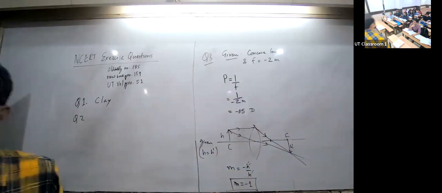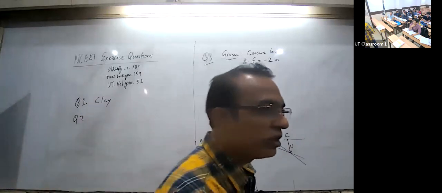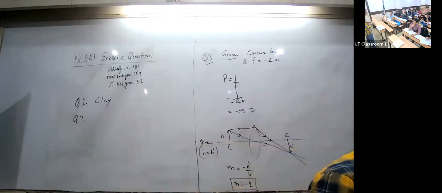So for what object position you get a virtual image in case of concave mirror? See, this is how the question is asked. Yes. Whenever the virtual image is larger than the object, it has to be between focus and pole.